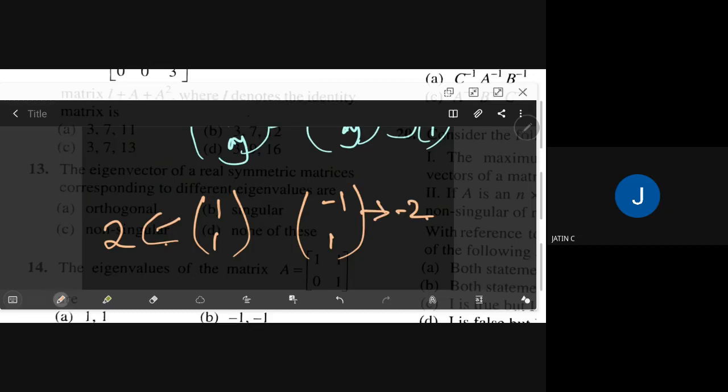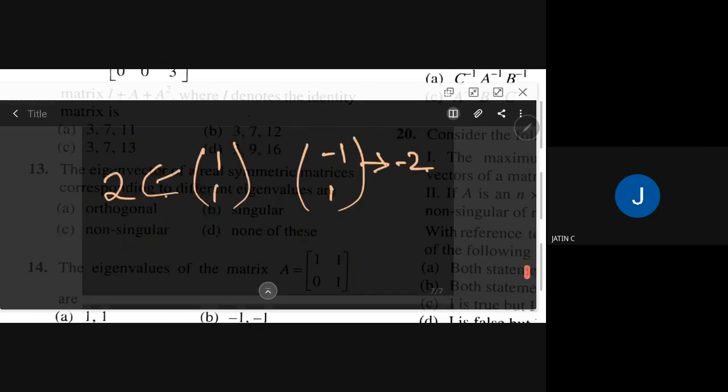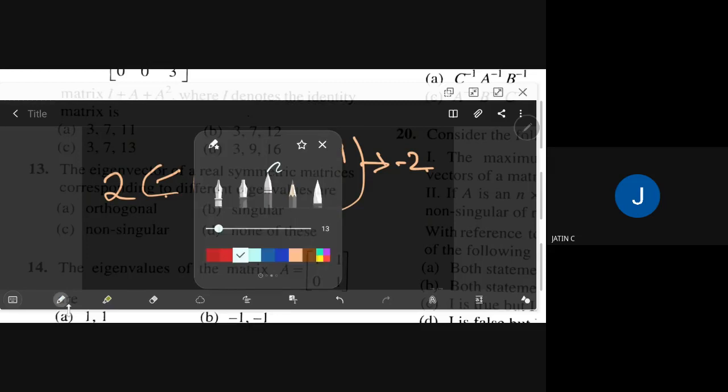Different eigenvalues here. Now orthogonal means you have to take the dot product of both vectors.